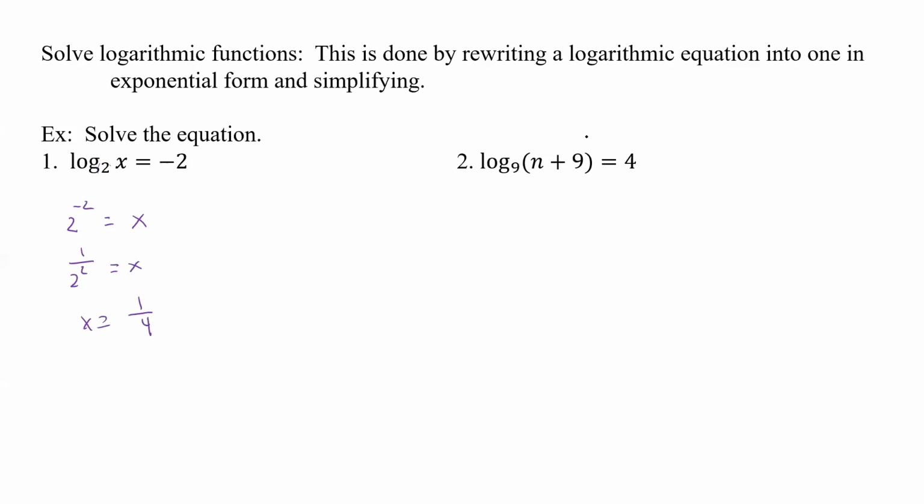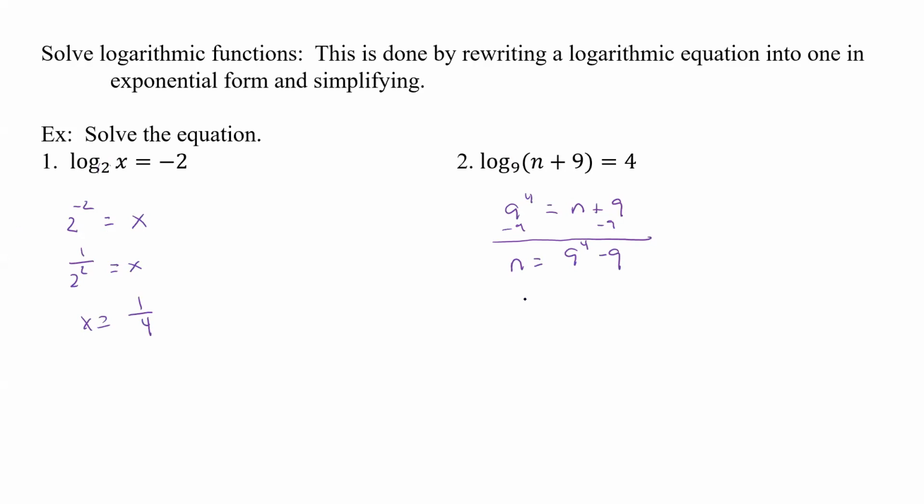Oh, what about this one? Well, now we're just going to take 9 to the 4 equals n plus 9. And so n is equal to 9 to the 4th, now if we subtract 9 from both sides, we get that. And that one we just have to plug in our calculator.